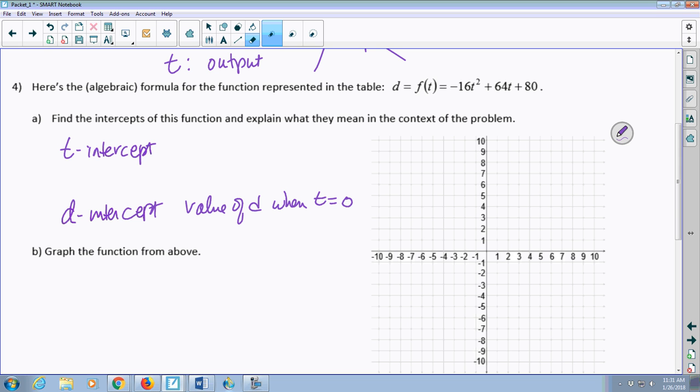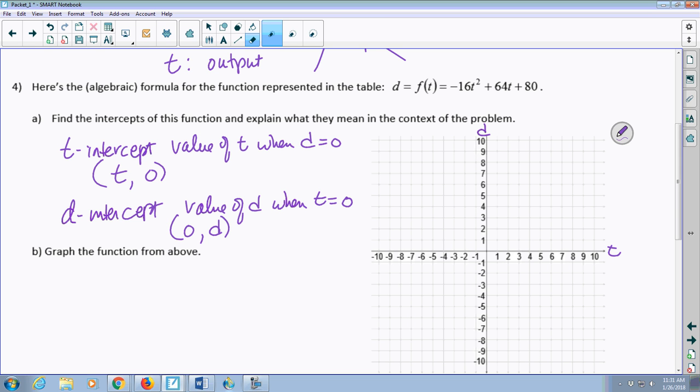It sits right along your d-axis. Here's your d-axis, here's your t-axis. And your t-intercept is the value that sits on your t-axis, so it's the value of t when d is 0. So we're trying to find t when d is 0 for the t-intercept, and we're trying to find the value of d when t is 0.